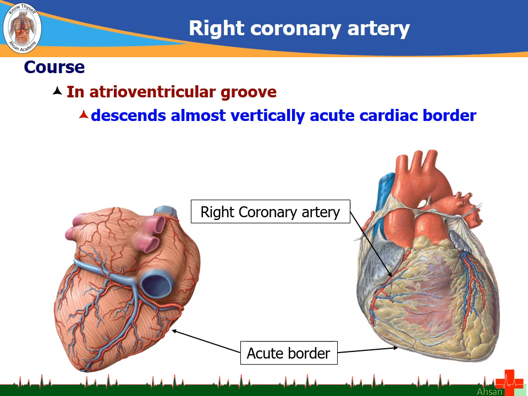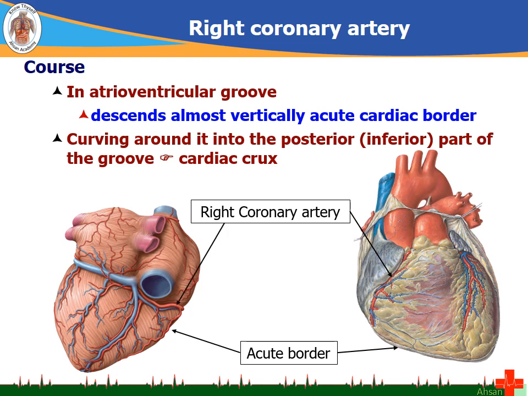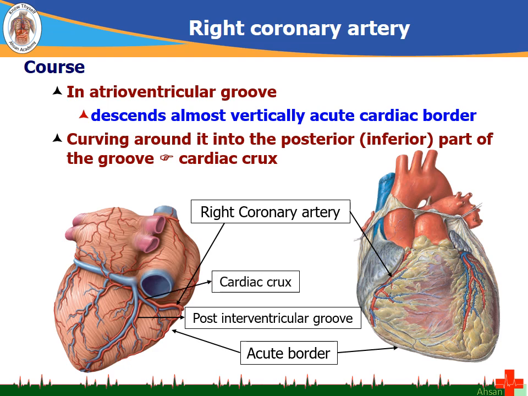So the artery hooks round the acute border, continues in the atrioventricular groove up to the origin of the posterior interventricular groove. This junction between the atrioventricular groove and the posterior interventricular groove is known as the crux of the heart. So this artery continues up to the crux.